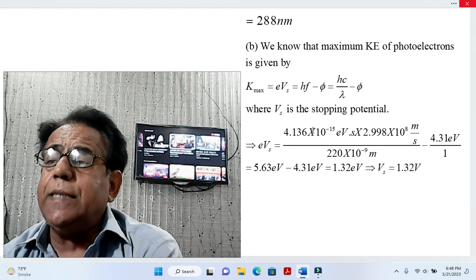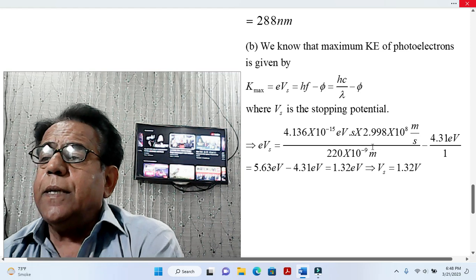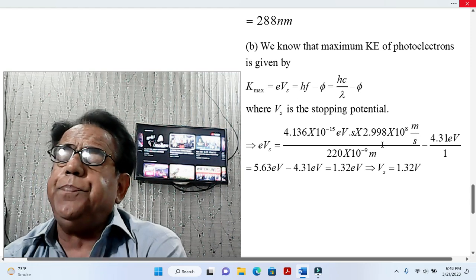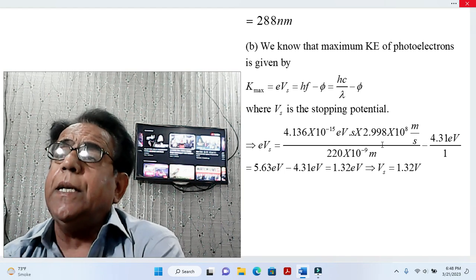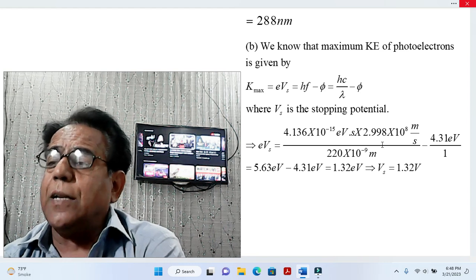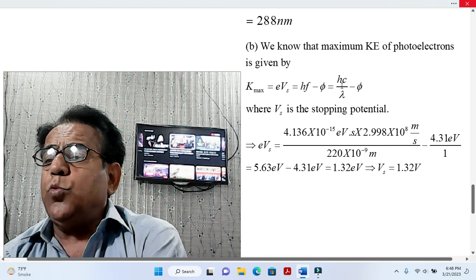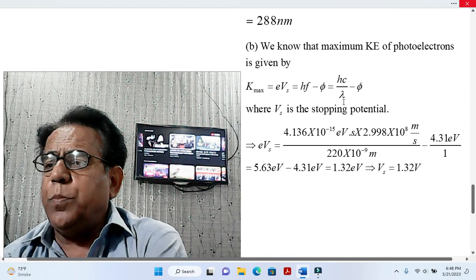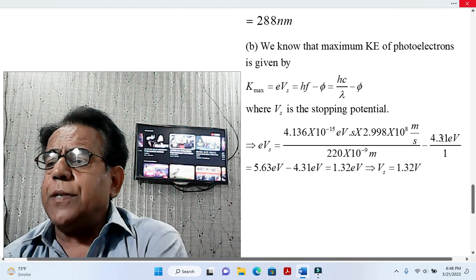It is also given in the table, 4.31 for zinc. We had shown in tool number 2 a table of work functions of various materials, in which work function of zinc was also given. Okay, so because these two quantities are in the shape of a numerator and denominator, so minus value of work function phi will also be written in this form.